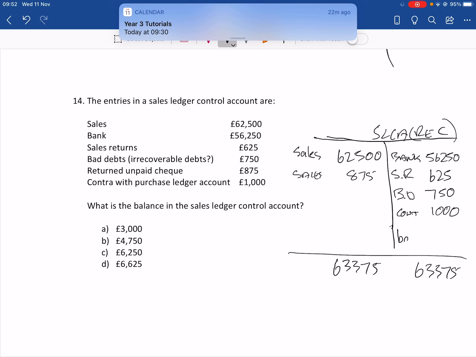And the balance carried down is, so take them off, so minus 56,250, minus 625, minus 750, minus 1,000, means our balance carried down is 4,750. So that's what our customers owe us at the end of the month. So the answer to that, the balance, is 4,750. Okay.